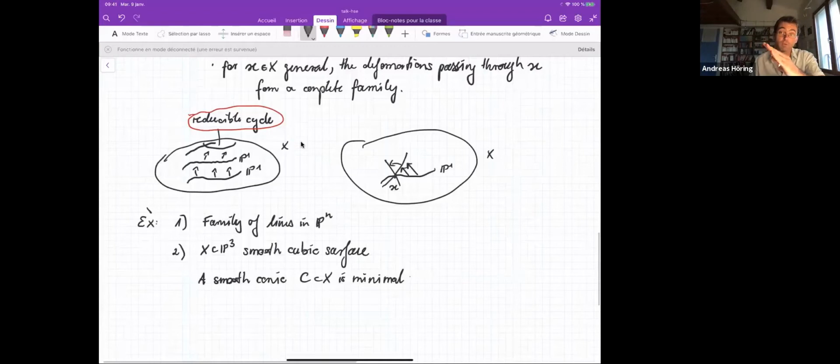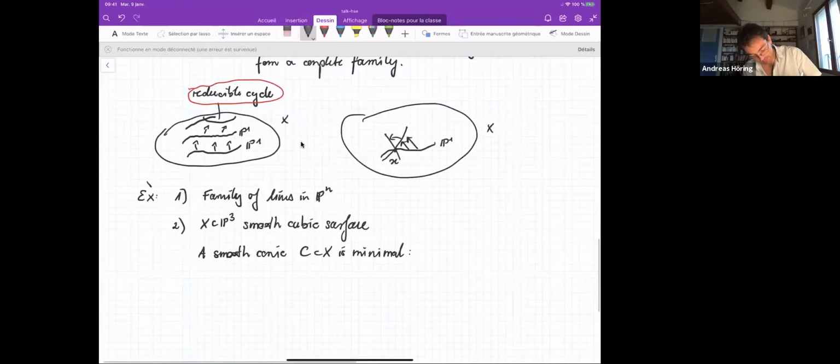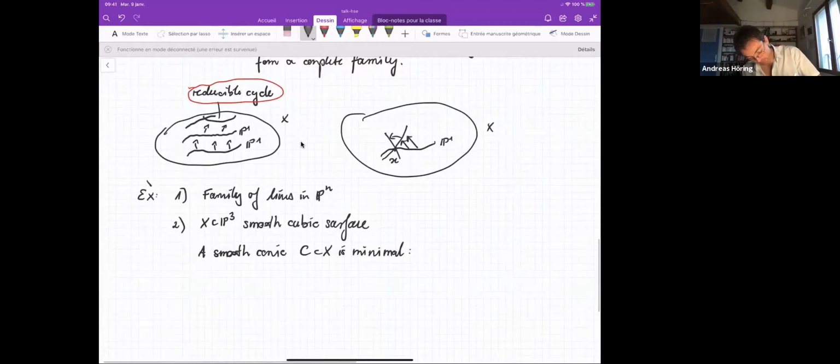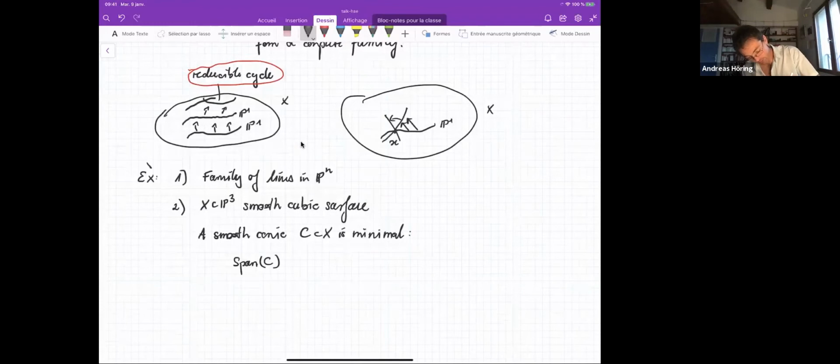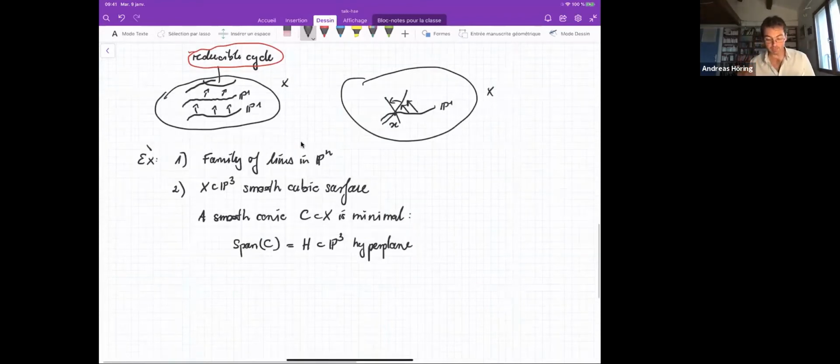Let me do the construction. You look at the span of the conic. This is now some hyperplane H in P3. Now you look at H intersected with X. When you intersect this hyperplane with your cubic surface, you recover, of course, your smooth conic, plus some residual line.